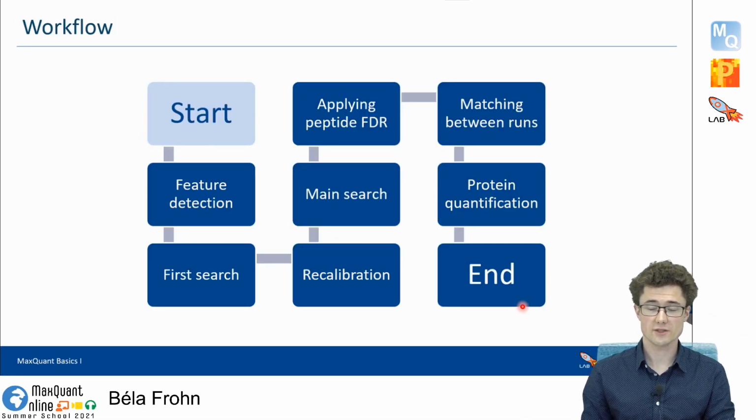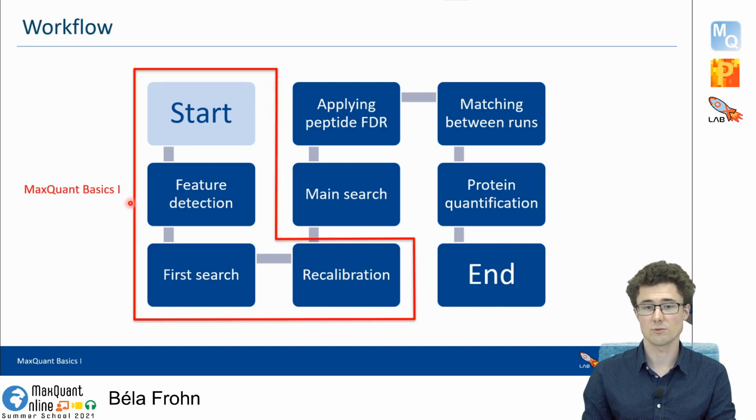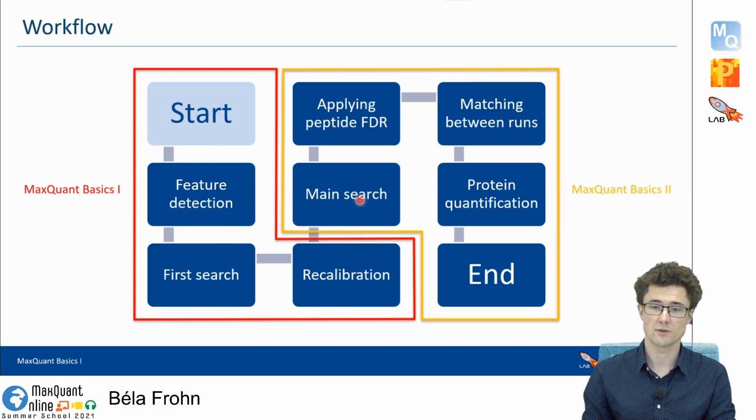Now for the rest of this tutorial, I'm going to talk about the basic workflow of MaxQuant, and this is just the first part of this tutorial. I will cover here in MaxQuant Basics 1 these first steps of the workflow, and then in the following video Daniela will talk about the last 4 steps.